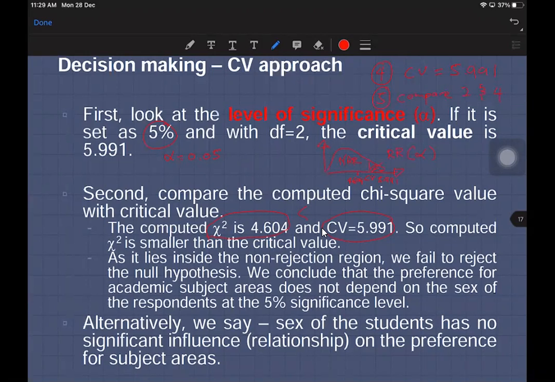We conclude that the preference of the academic subject area does not depend on, or has no relationship with, the gender or sex of the respondents at the 5% significance level. Alternatively, we say the sex of students has no significant influence on the preference of the subject areas. This is how you make your conclusion.